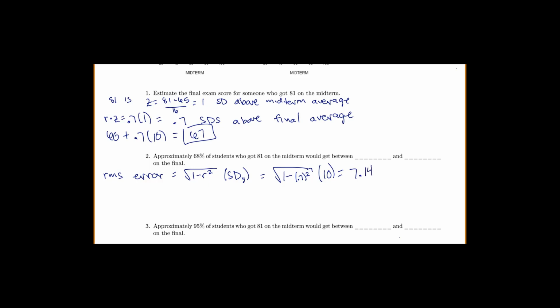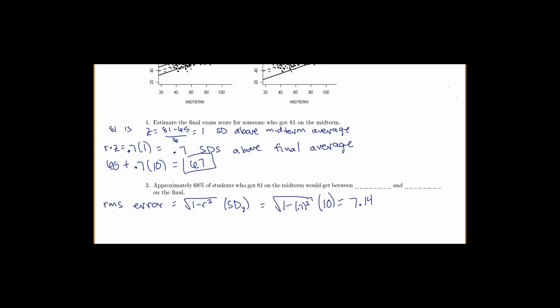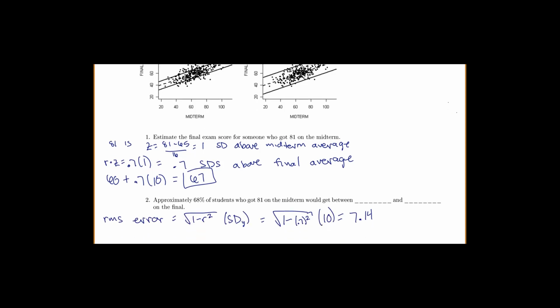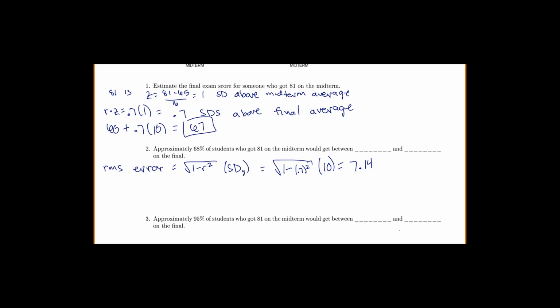Okay, now what does this tell us? Remember what we set up here? That if you go up or down one standard deviation from your line, that should include 68% of the points. And so what we can say is approximately 68% of the students who got an 81 on the midterm would get between what and what on the final. So 68% of students who get an 81 should be within the predicted value plus or minus one RMS error.